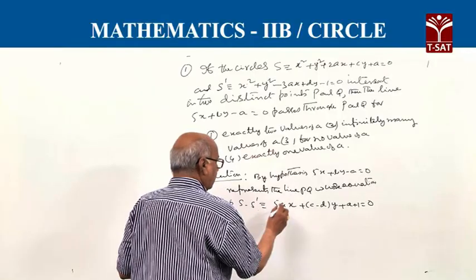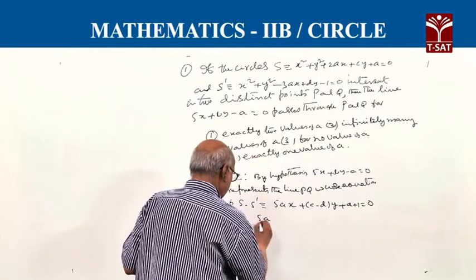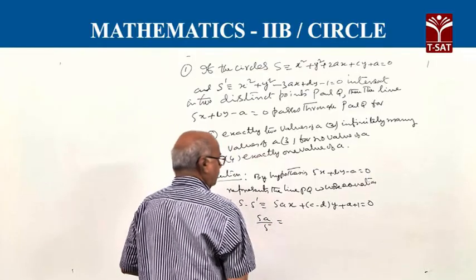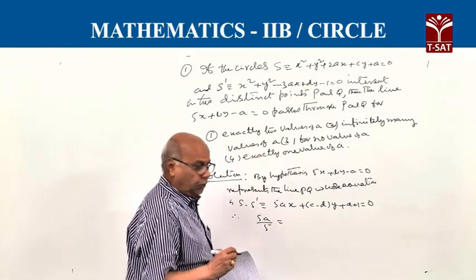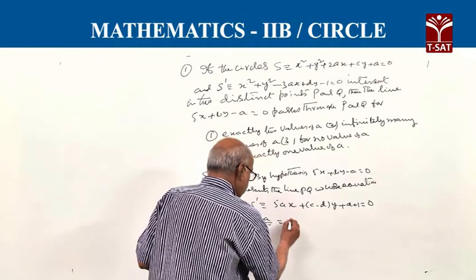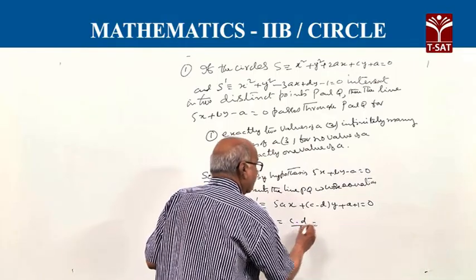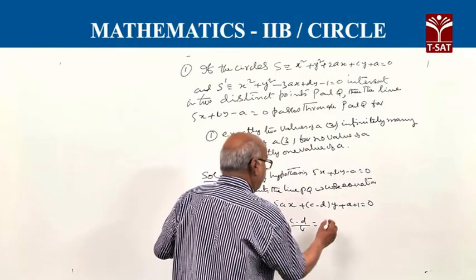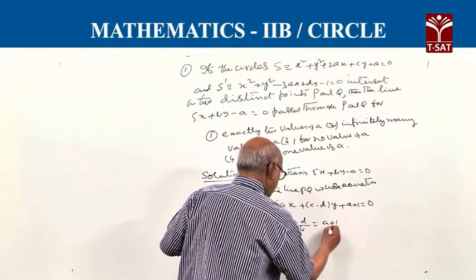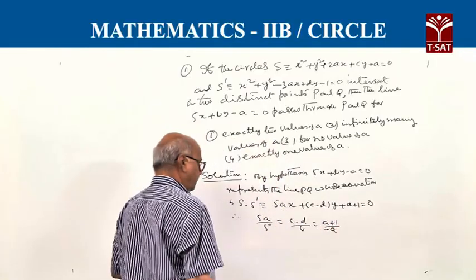So, therefore, what you must get is that the coefficients are proportional: 5a by 5, c minus d by b, and a plus 1 by minus a.